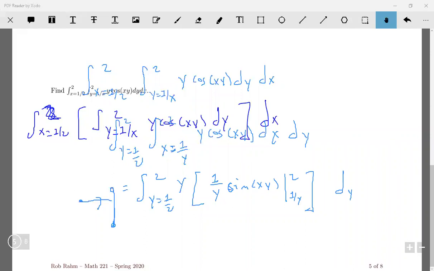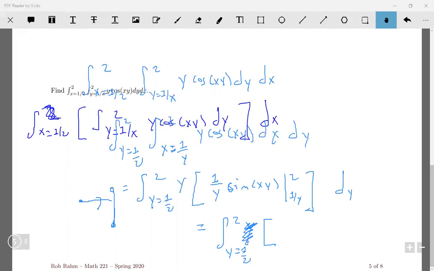And this is the integral from y equals 1/2 to 2 of y times, well, notice that the y and the 1 over y cancel, so really that goes away, and so we're just left with sine of x times y.